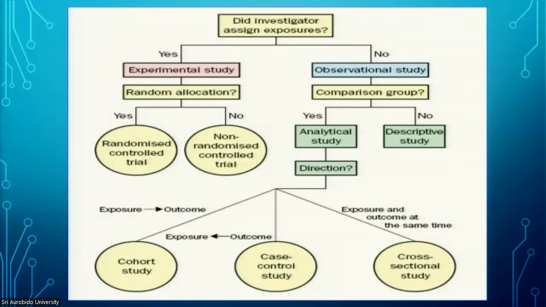And this analytical study, it depends on the direction. It can be classified as cohort study, case control, and again, cross-sectional study. We say cohort when we start from exposure to outcome, and case control is from outcome to exposure. Cross-sectional, again, you have exposure and outcome at the same time, but in this you have the comparison group.